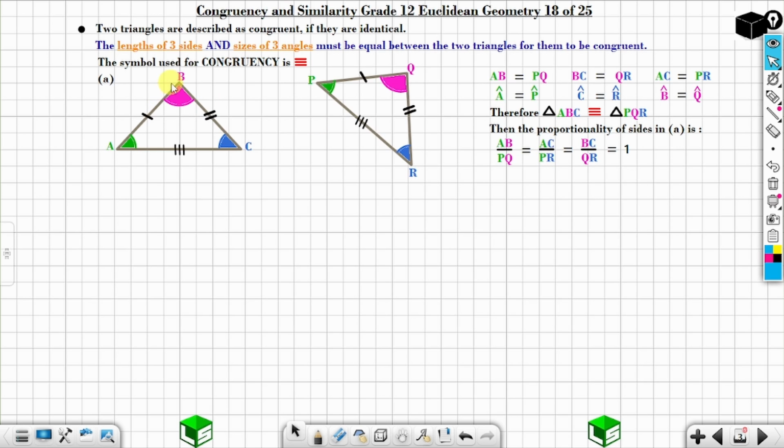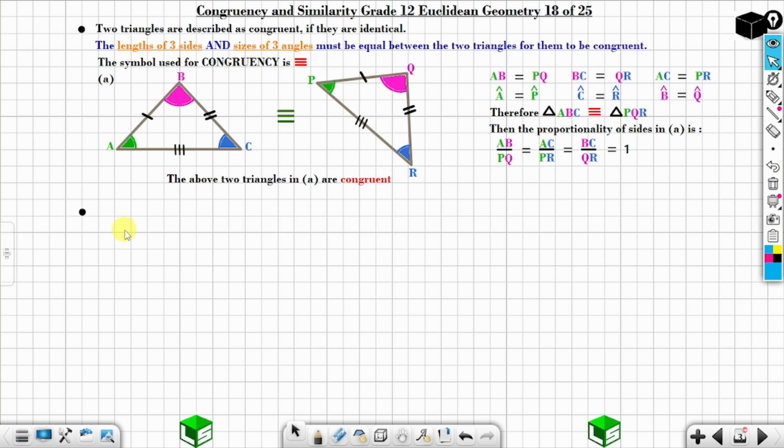Again, BC is equal to QR, so BC over QR is equal to 1. So in the case of congruency, the proportionality is equal to 1. So the two triangles in A are congruent.